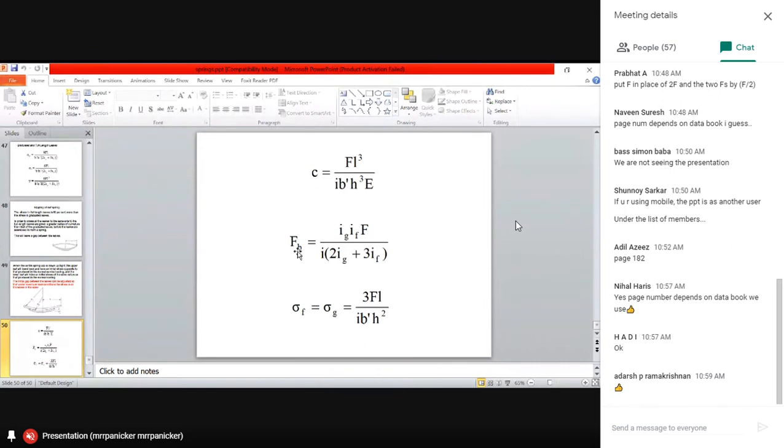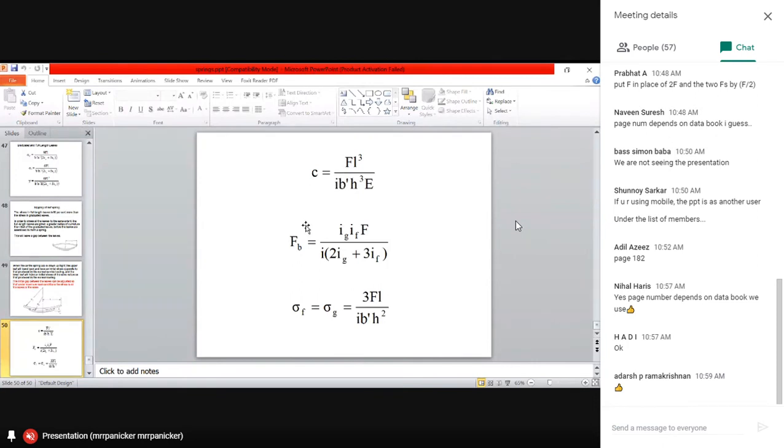It is FL cube divided by i B dash h cube E. In the data book, B dash is missing. You have to include the B dash also in the data book.